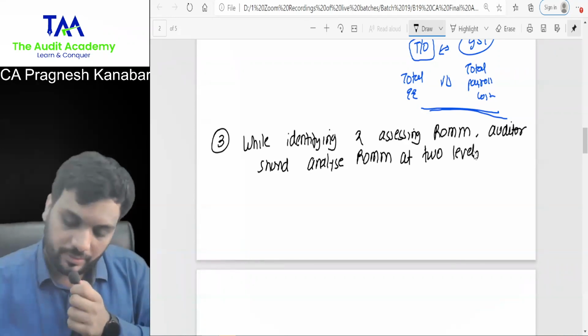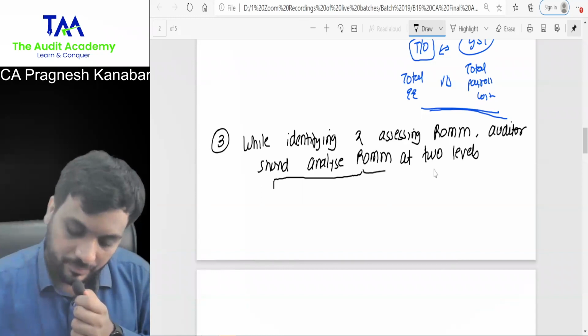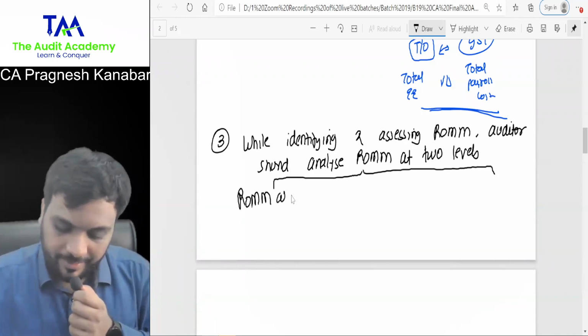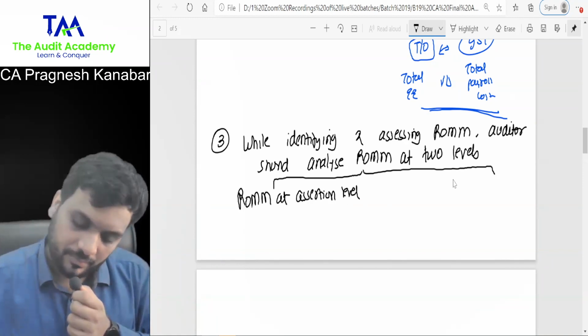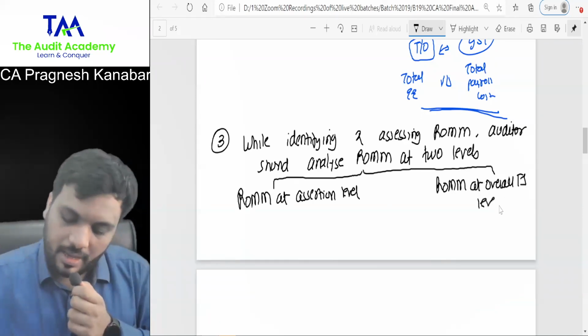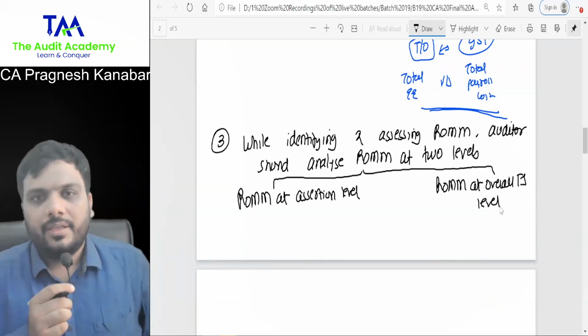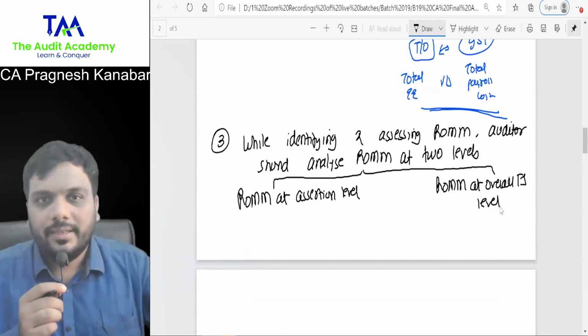Now this is very good. ROMM at assertion level, and ROMM at overall financial statement level. Slowly, steadily, you will understand this English.